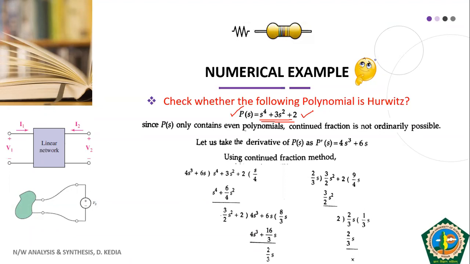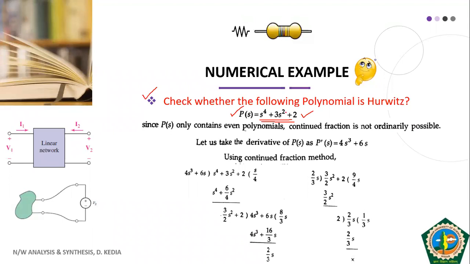So let us see what to do in such cases where the polynomial has either all the even terms or all the odd terms. The method that we will discuss in this numerical will also apply to a polynomial which has all the odd terms present. Keep this in mind, as you may come across a numerical where you have all the odd terms.